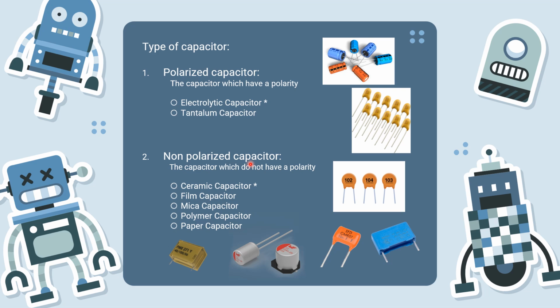In your electronic kit you have an electrolytic capacitor and a ceramic capacitor. This one is the electrolytic capacitor, and these are the tantalum capacitor, ceramic capacitor, film capacitor, mica capacitor, and paper and polymer ones. The electrolytic capacitor is used for high capacitance values, often in power supplies, and the ceramic capacitor is small, with low capacitance, used in signal processing.